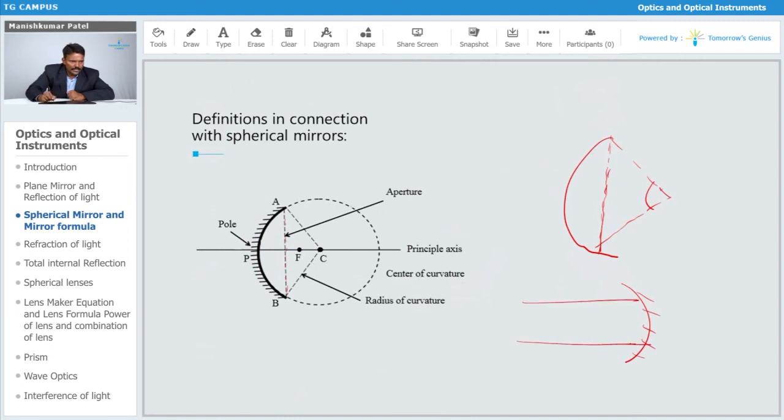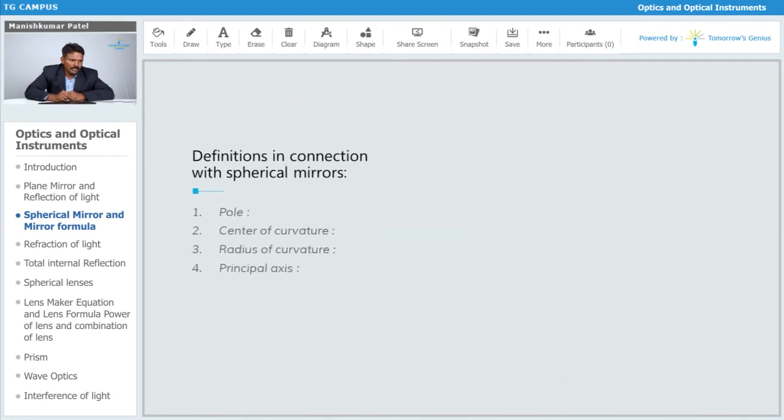Then the distance between F and P, we are going to call the focal length. So the length of PF is nothing but small f. The small f we are going to call the focal length.